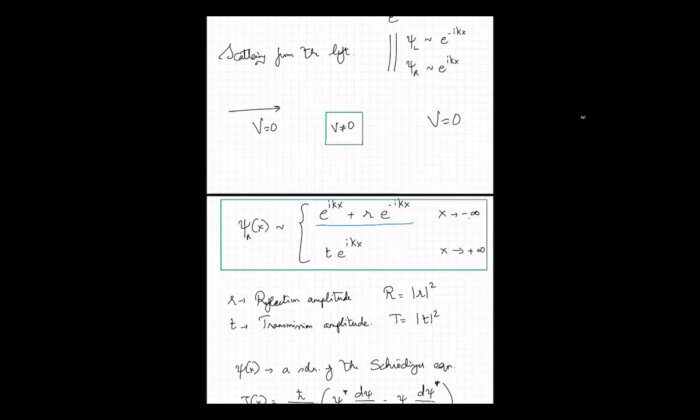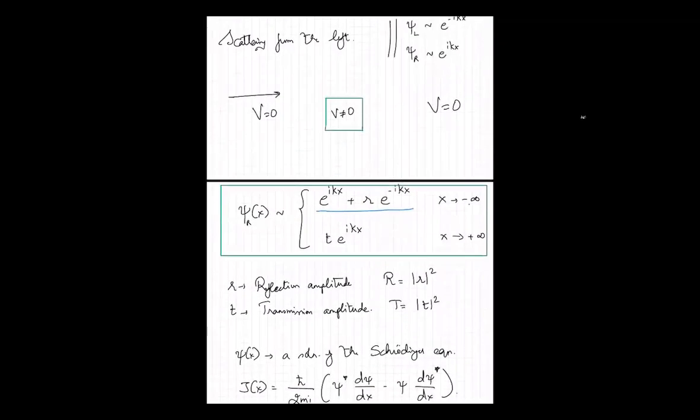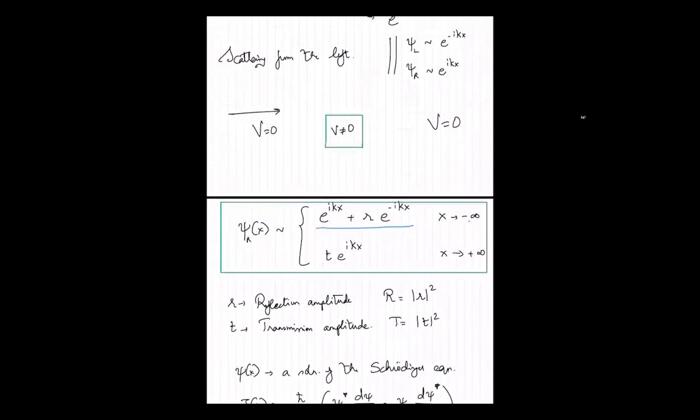So if you look at scattering from the left, our nomenclature was that any wave traveling to the right, we put a subscript r, right? And then e to the ikx represents a wave traveling to the right, with some velocity v. Of course, that only becomes apparent if you put the time dependence.